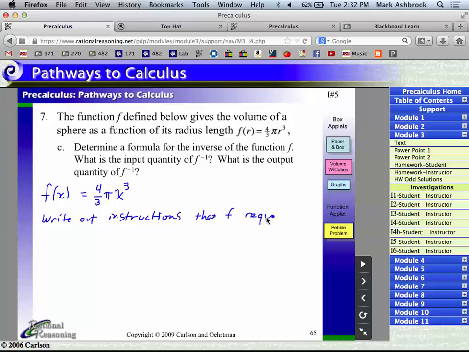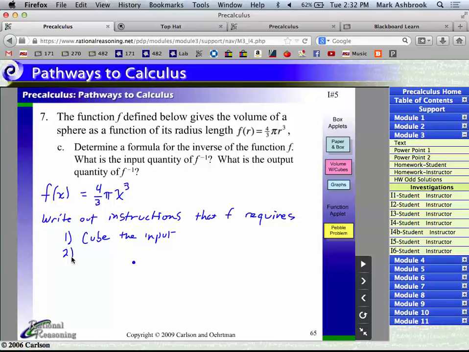I'll just put requires, because I can't think of the word. Okay, so a function is a set of instructions on the input. So f is telling us to do something with the input. What's the first thing it's telling us to do with the input? Cube the input. So first thing is cube the input.